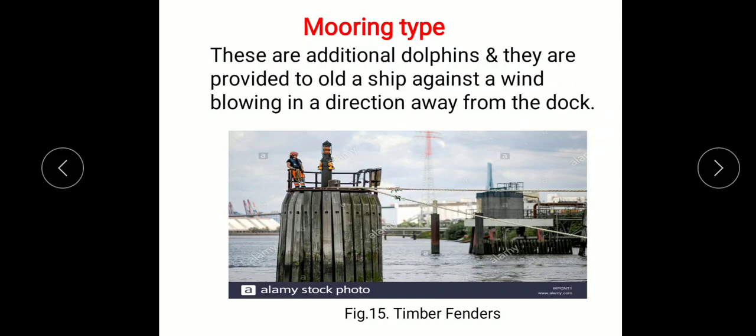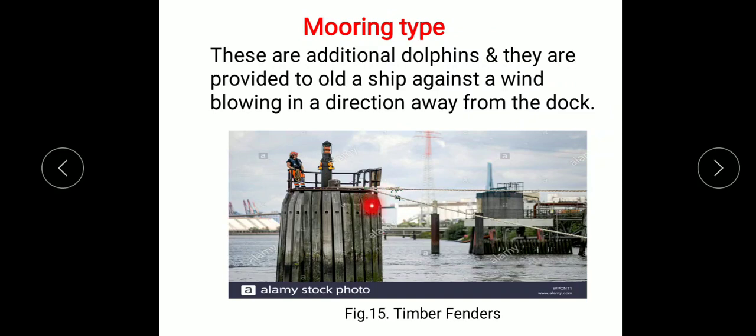Second type is the mooring type. So these are additional dolphins and they are provided to hold ship against a wind blowing in a direction away from the dock. So here figure 15 shows a timber fender.